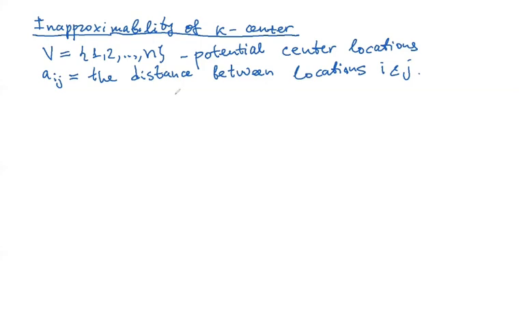So we want to build K centers, and the K-center problem is to open these K centers in a way that the longest distance from any location to the closest center is as small as possible. So essentially, no village is too far away from the closest hospital.